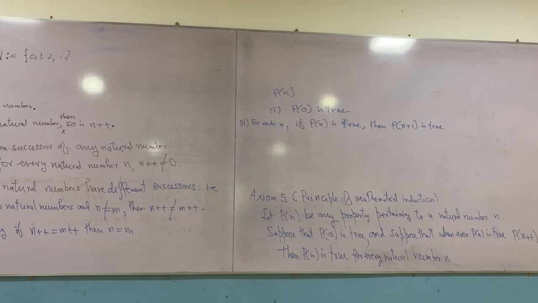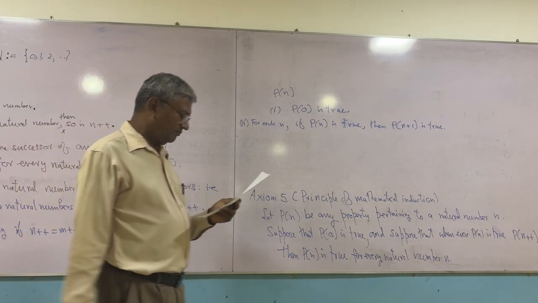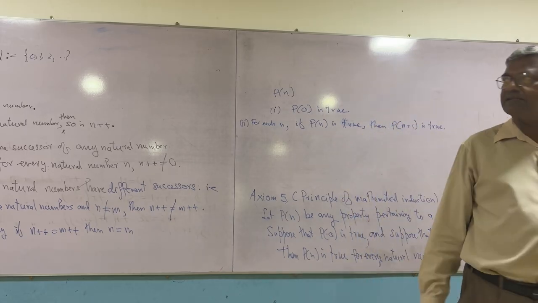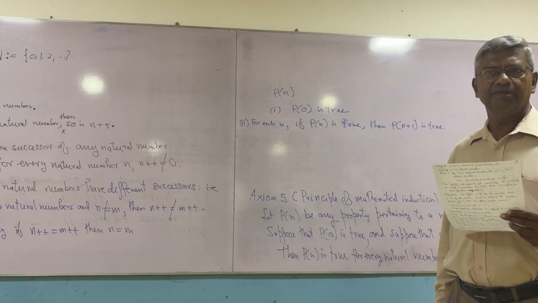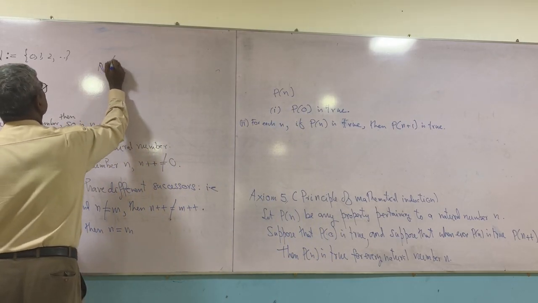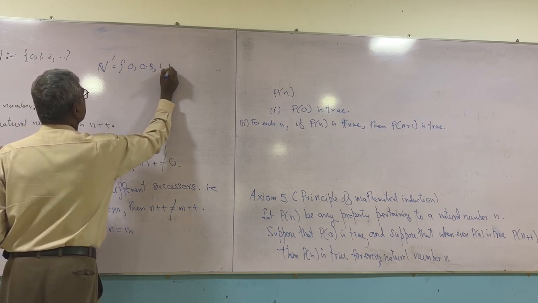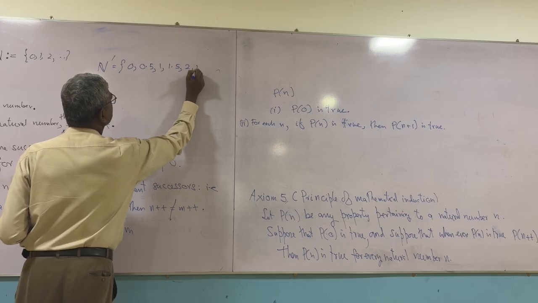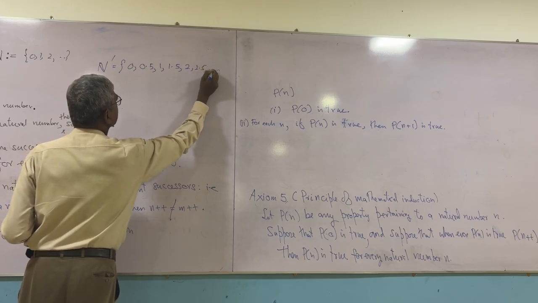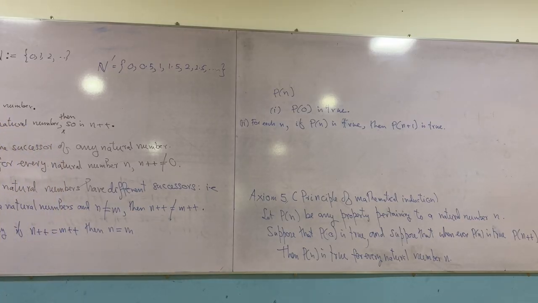I'm taking the set, consider n dash in your notes: 0, 0.5, 1, 1.5, 2, 2.5, etc. That says n dash satisfies axioms 1, 2, 3, 4. This kind of thing. I am encouraging you to read the book because that will make your brain logical.